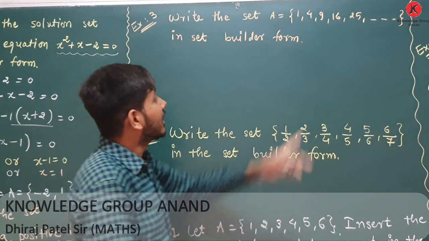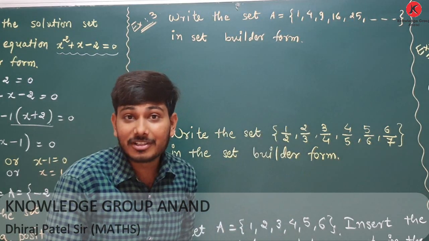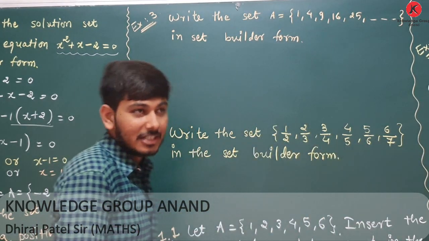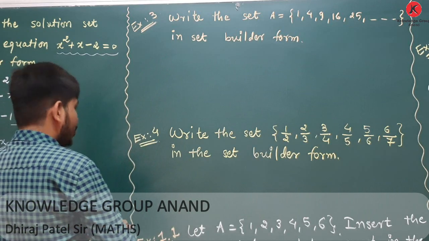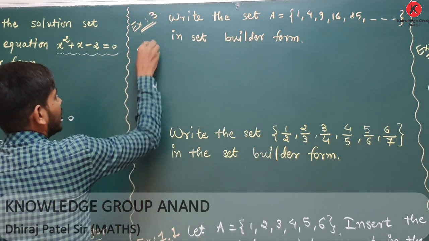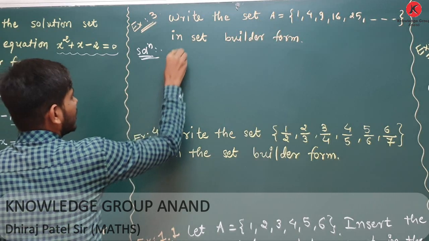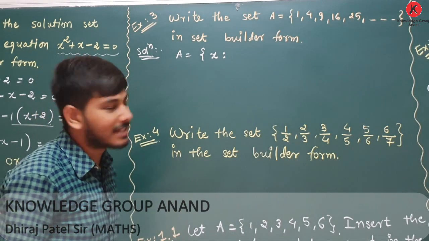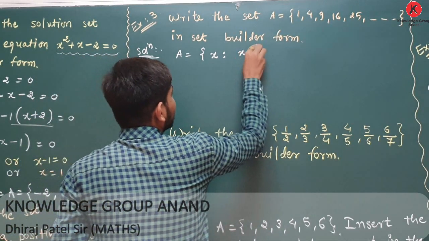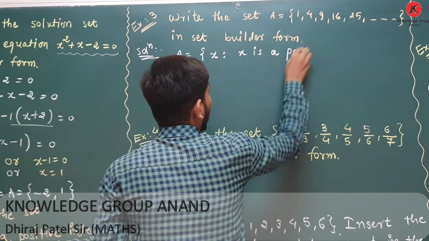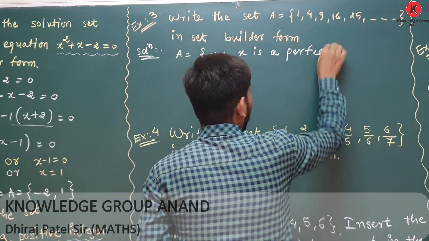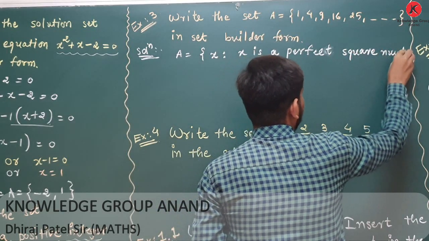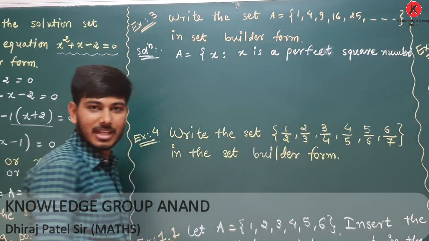Here the pattern is x is a perfect square number. Let's see here, perfect square numbers. Clear? Therefore, we can write the solution of this question in set builder form. Set A equals, you have to write x such that x is a perfect square number.